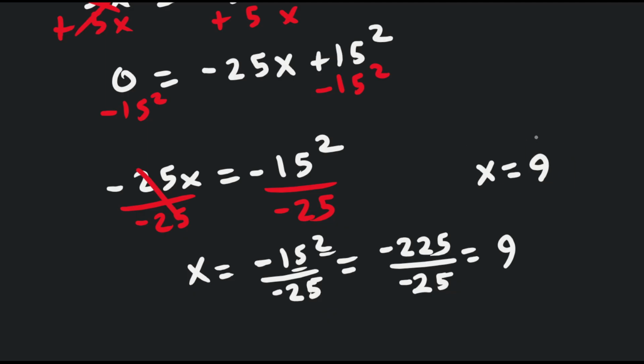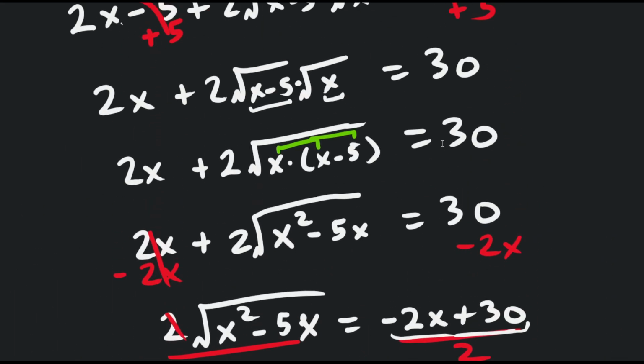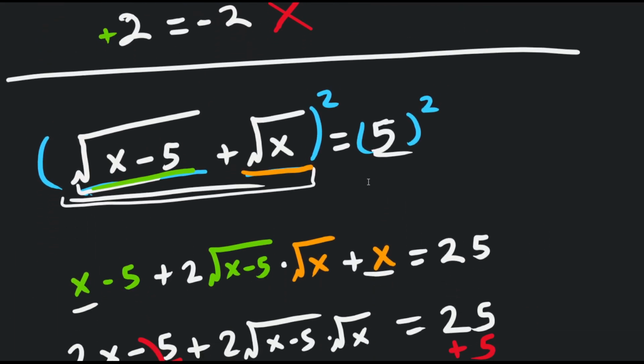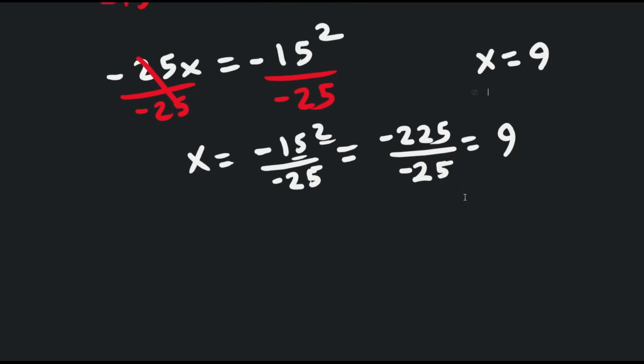Now, again, with any radical equation, this isn't the solution yet. We have to now check it. So let's go back to our original problem, all the way up here: radical x minus 5 plus radical x equals 5. Let me rewrite that down here.